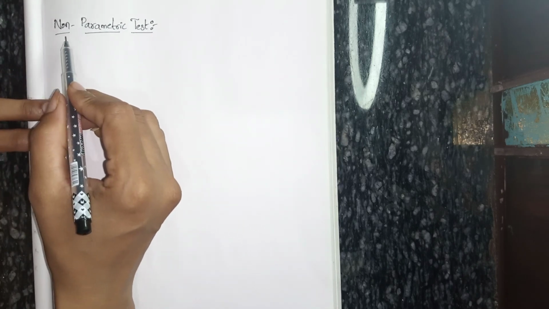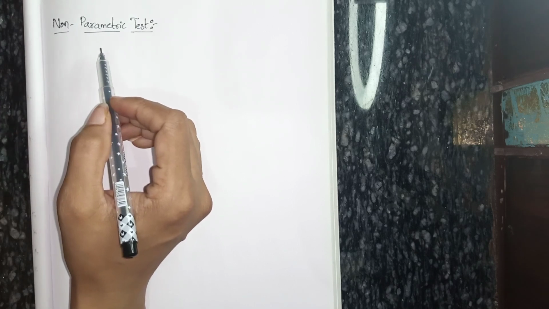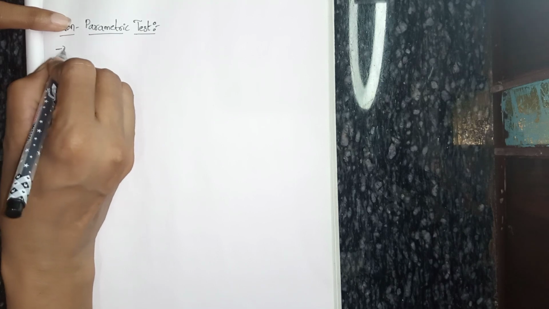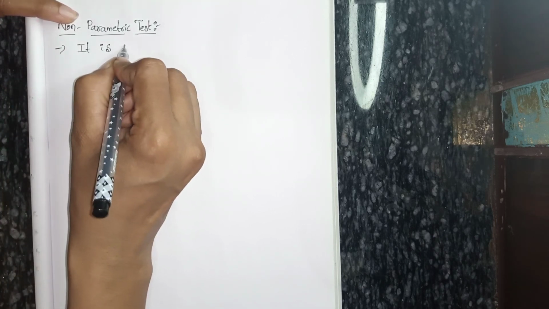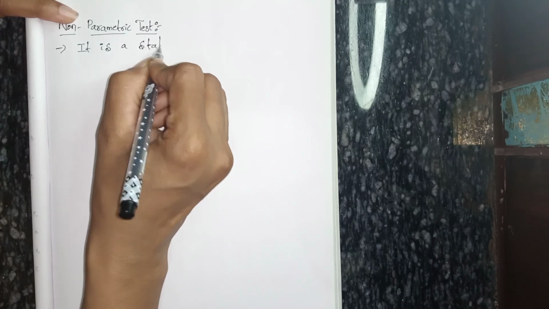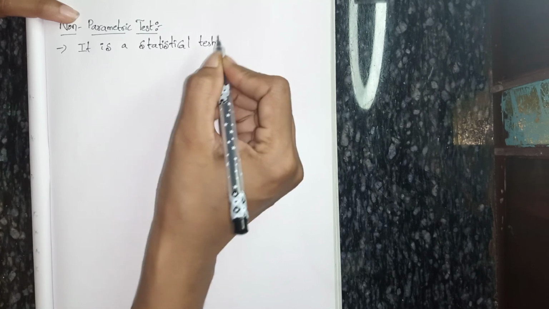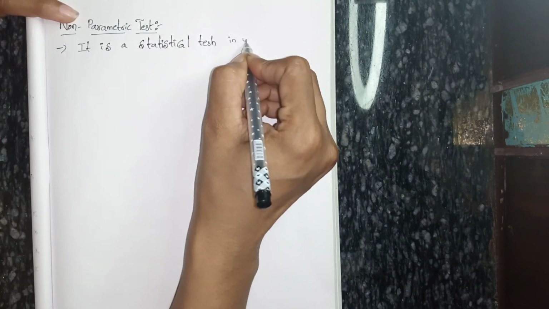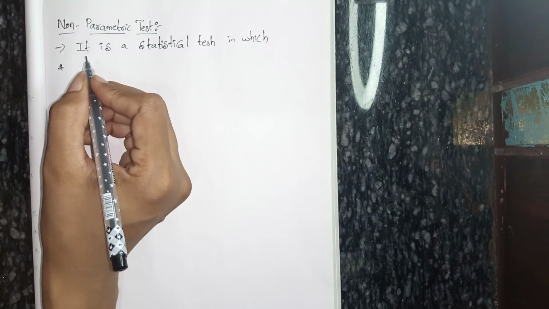So let me tell you what a non-parametric test is. It is a statistical test. We all know that it comes under statistics, that's why it is called a statistical test. It is a statistical test in which, first point, parameters will not be involved.